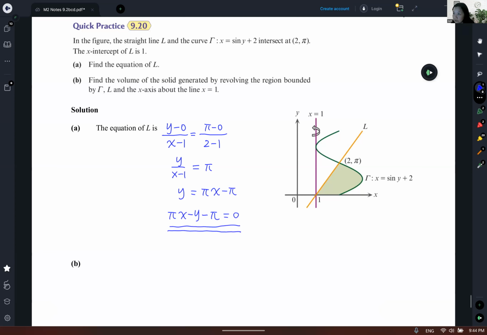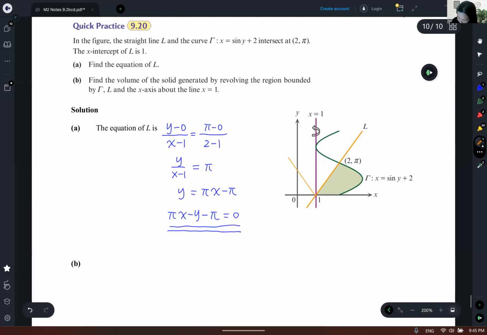Okay, now the volume is generated by revolving the region bounded by the axis, the green curve, and the straight line L. So I think a similar shape will be formed.